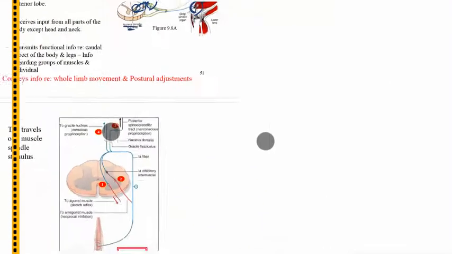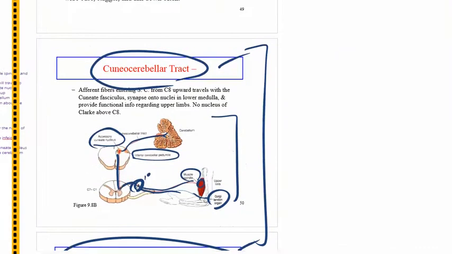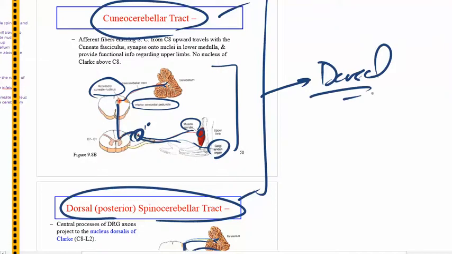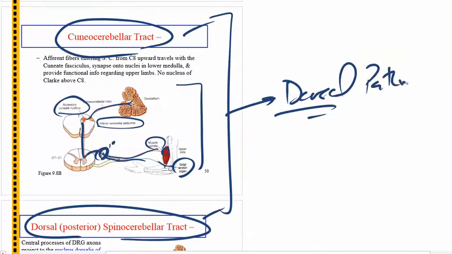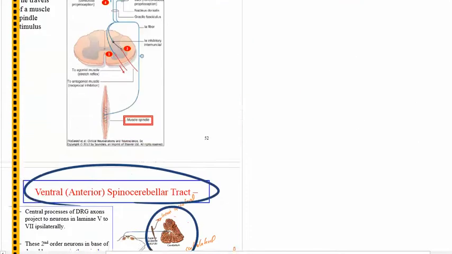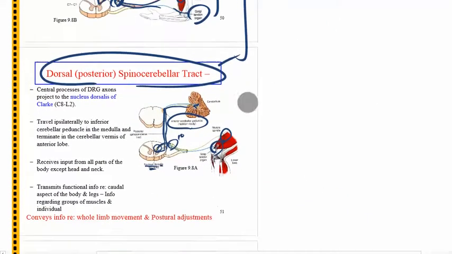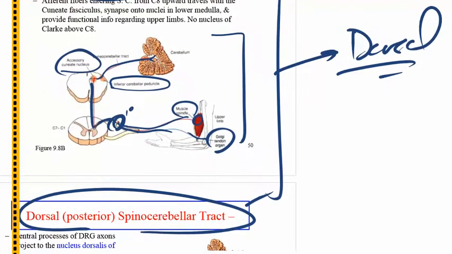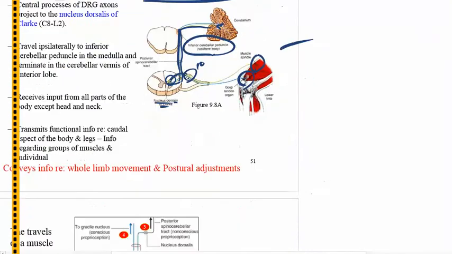If you look at the dorsal spinocerebellar tract and the cuneocerebellar tract, remember both of these were under the dorsal pathway, and this was the ventral pathway. Both of these don't actually decussate, so there's no decussation for this, and no decussation for this.